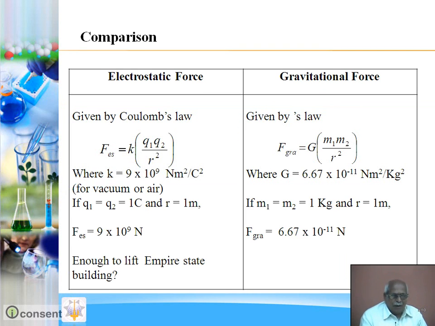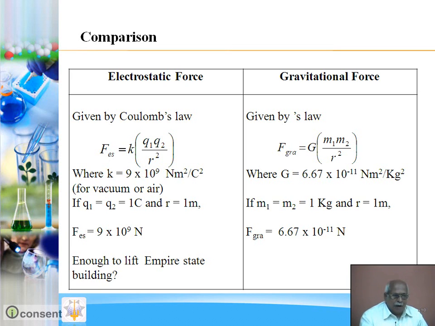The force between two point charges Q1 and Q2 separated by distance r is given by Coulomb's law equation F. Now, because it is electrostatic force, let us call this FES. FES is K, constant of proportionality, multiplied by Q1 Q2 upon r square.